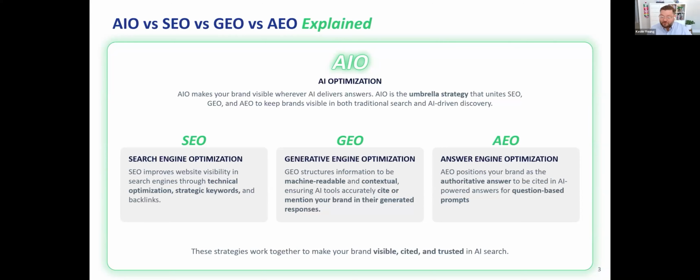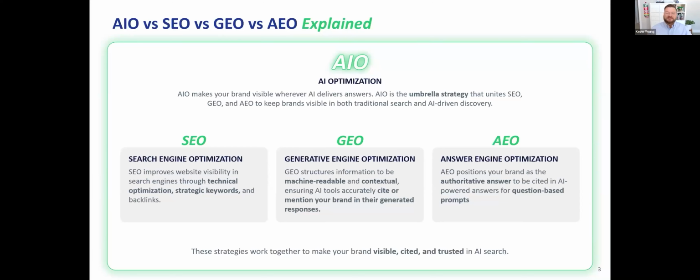Whereas answer engine optimization is about positioning your brand as the authoritative answer to be cited in AI powered answers for question based prompts. So, really, the distinction there is that answer engine optimization is about being cited as an answer to a question based prompt, whereas generative engine optimization is a little more general and it's more about being cited or mentioned in a generated response that's not necessarily in response to a question based prompt.